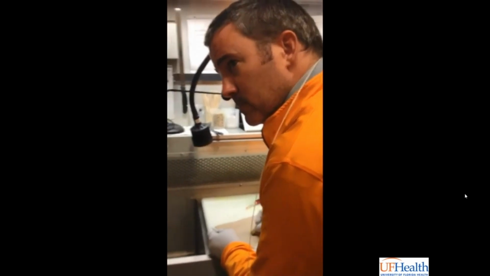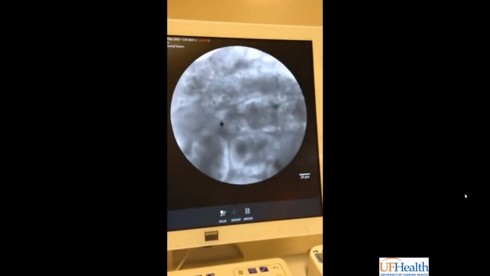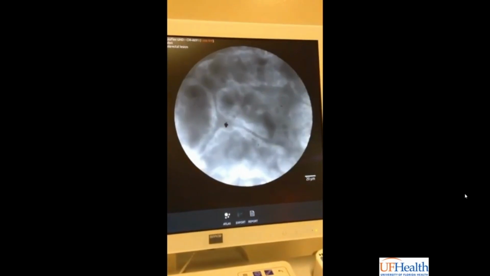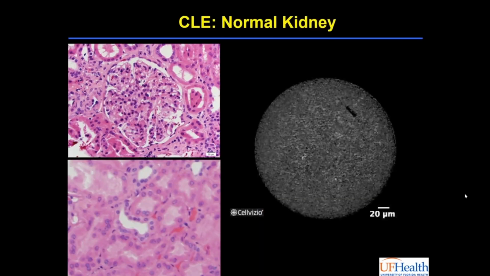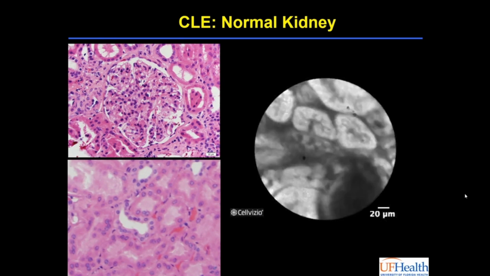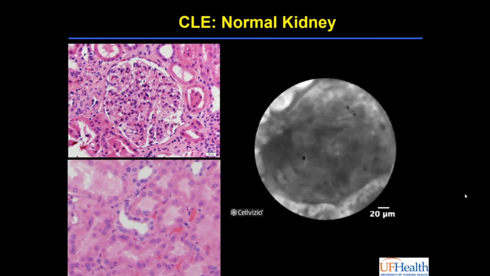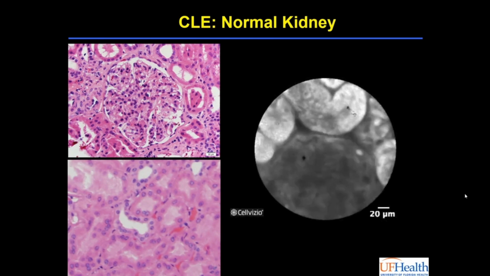Remember, I said we have to add a fluorescence probe, and you can see the image on the screen that we're looking at. We get these nice, beautiful images, and I'm going to show you some of this in more detail in a second. So here's normal kidney on the left by histology, and on the right, here are the beautiful images, and we were very excited to see that they were very similar side by side to histology.